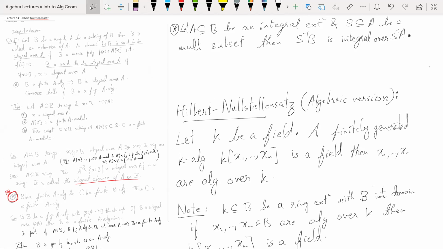Any element in S inverse B looks like b over s, and b is integral, so you get an integral equation and you adjust denominators.